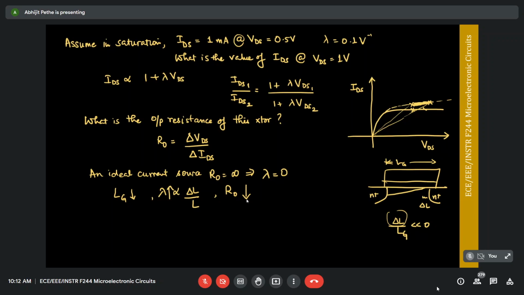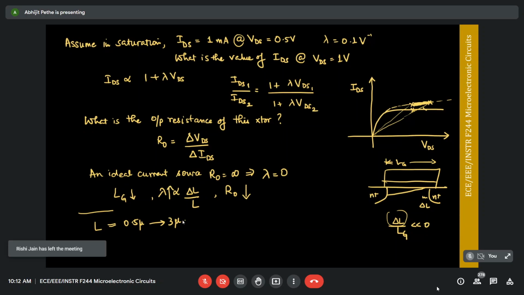So a technology will allow you to use transistors of various gate lengths. Suppose tomorrow I give you a technology where L can vary between 0.5 micron and 3 micron. If I say I can support any of these gate lengths, and I ask you to design a transistor which gives me a perfect current source, which L would you pick?